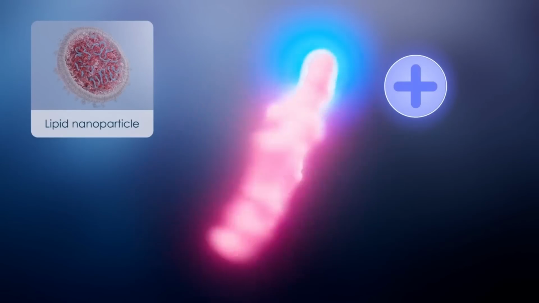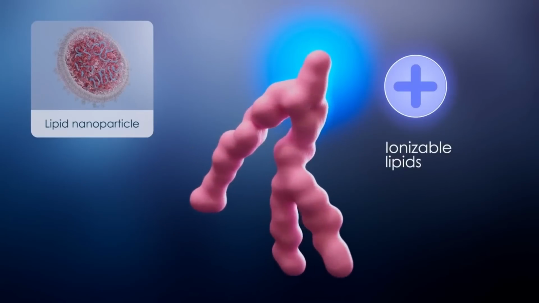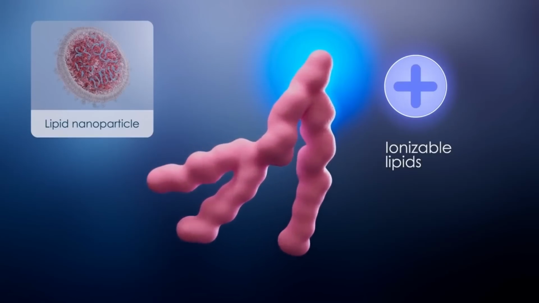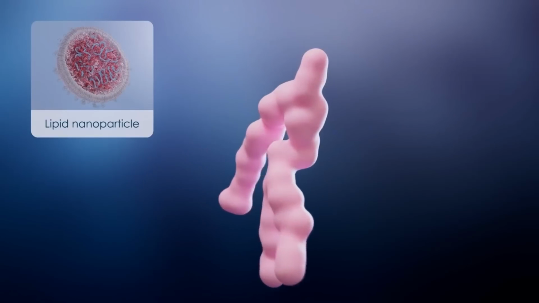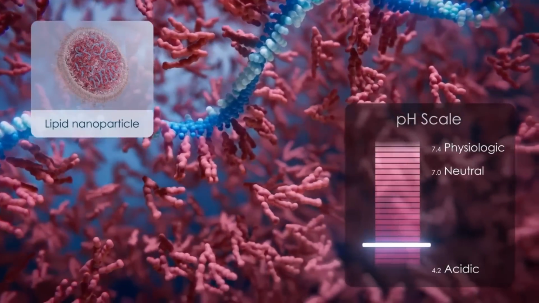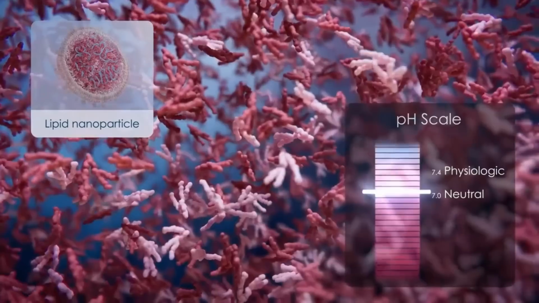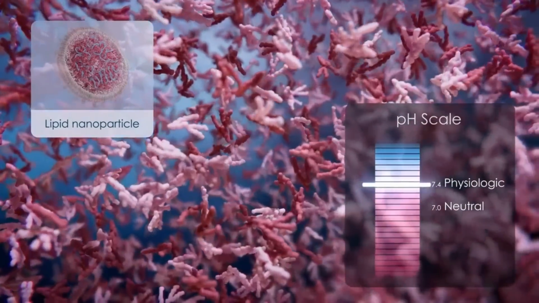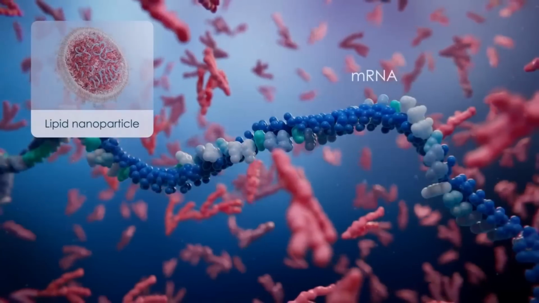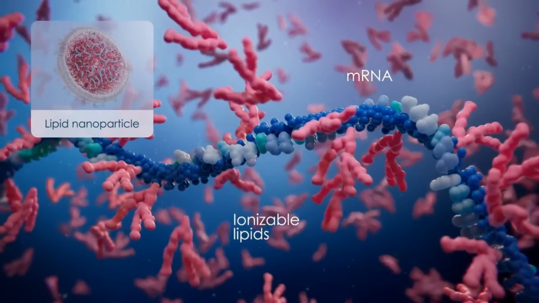To overcome this challenge, researchers used a clever engineering trick to develop ionizable lipids. These lipids are positively charged under some conditions, but not others. These lipids will coat mRNA under acidic conditions, but then switch back to being uncharged under our physiological conditions near neutral pH. Cool, huh?